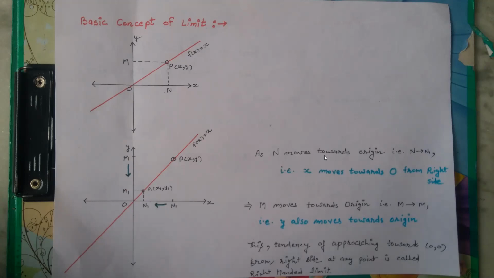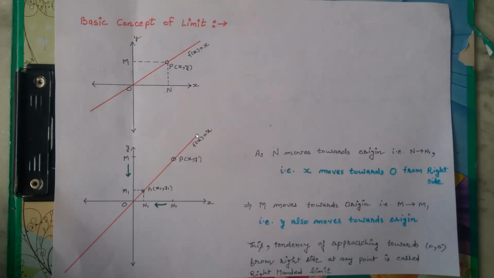As N moves towards the origin, N approaches towards N1, x moves towards O from the right side. It is moving from the right side towards the origin. Similarly, if we take any point here, its tendency to approach the origin will be from the left-hand side.